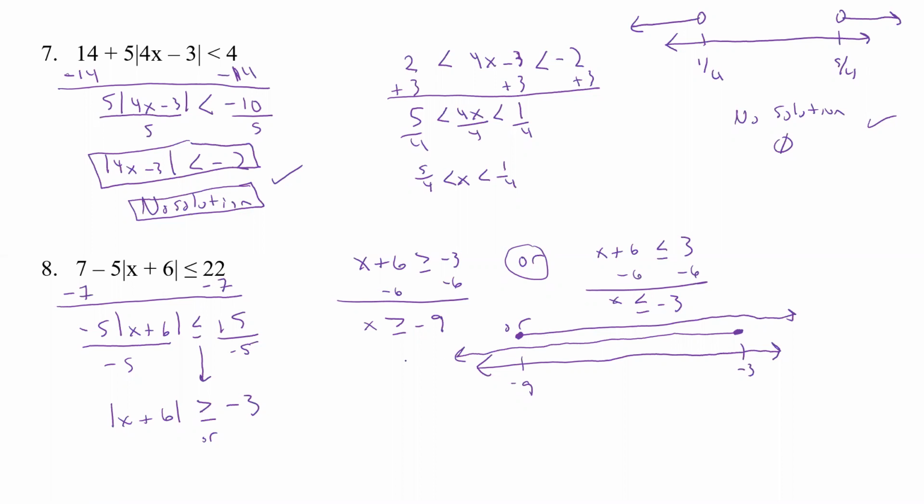Well, guess what? This one goes all the way from negative infinity to positive infinity. And so, if they wanted it in that format, we could write negative infinity to positive infinity, where we could say all real numbers. Kind of depends on how they're going to ask you to write it. But if they ask for the interval notation, that's going to be what it is. But that just means it's all real numbers. It's going to be the whole number line.